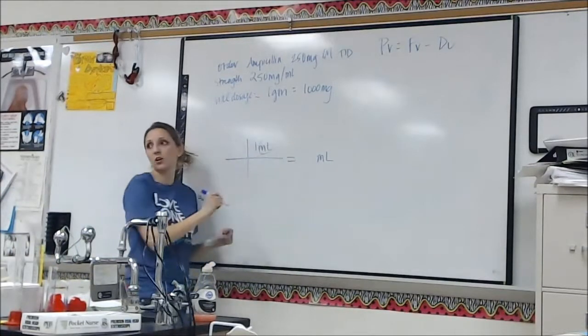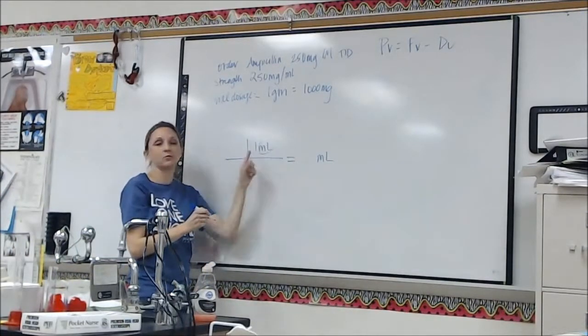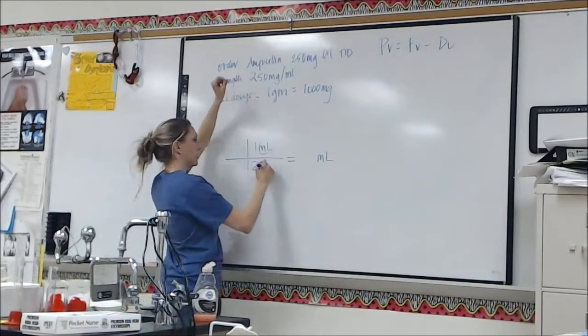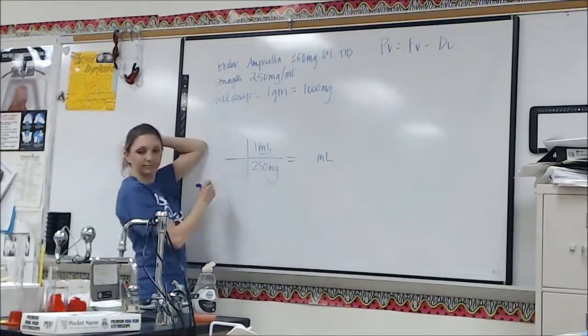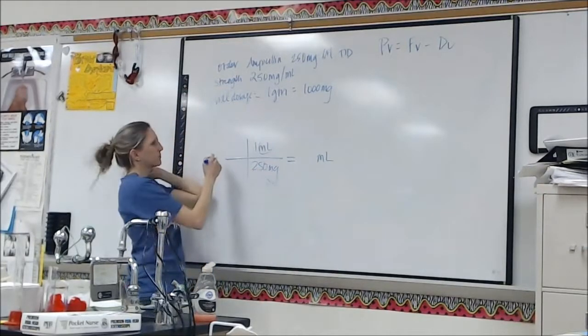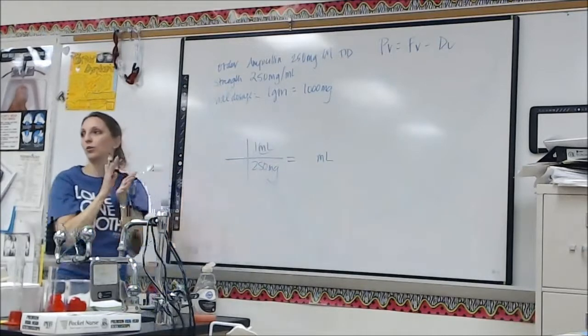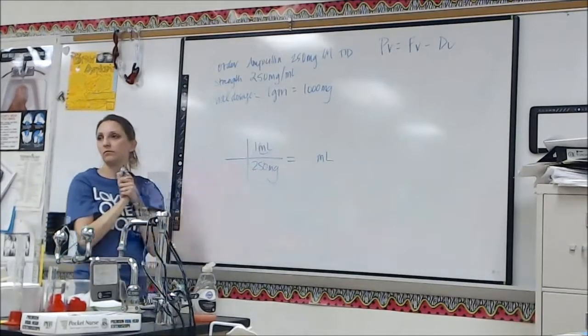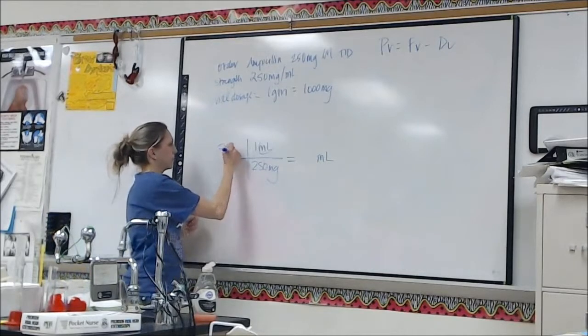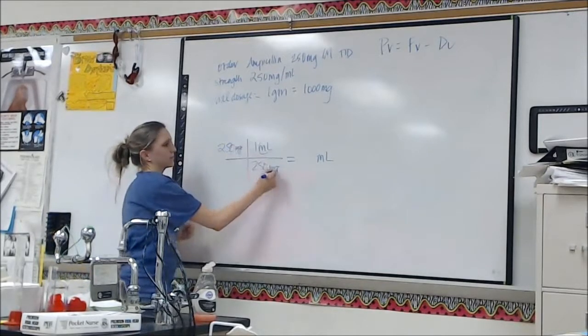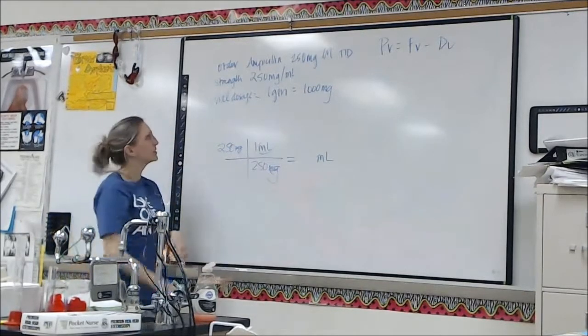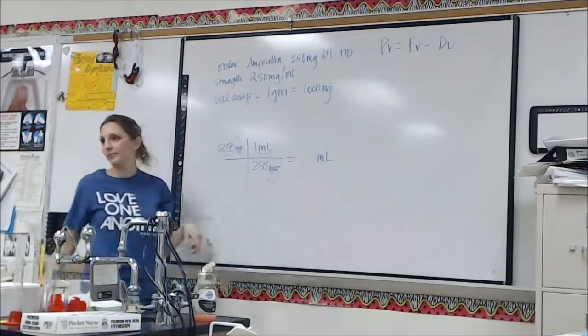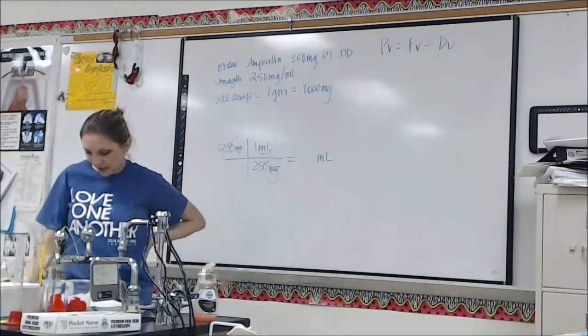We want our milliliters on top, remember, because we got milliliters over here. Over 250 milligrams, and then our dose order, I'm sorry, 250 milligrams. Okay. I'm just going to need 1 milliliter for the whole dose, okay?